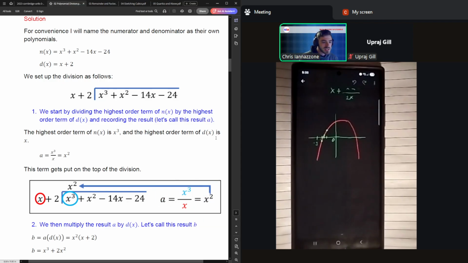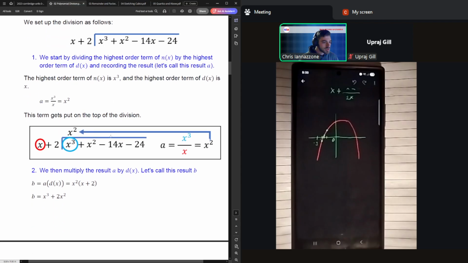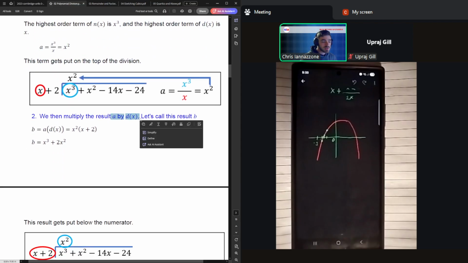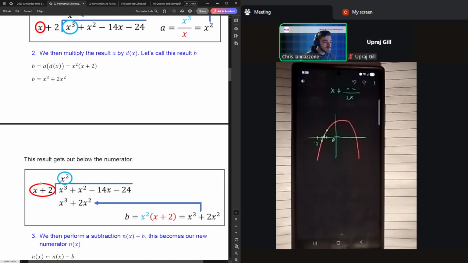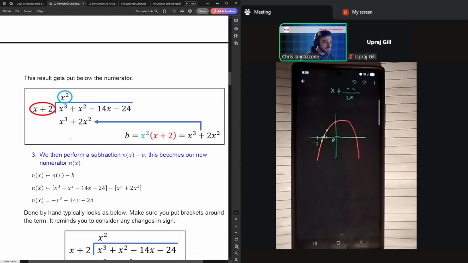If you want, you can save some space on the outside, like on the margins, for example, to write out those equations, because they might get a bit complicated. Not necessarily the division portion, more so perhaps the multiplication portion, where you've now got to grab that result that you just achieved and then multiply through the entire denominator. So that's what this is.